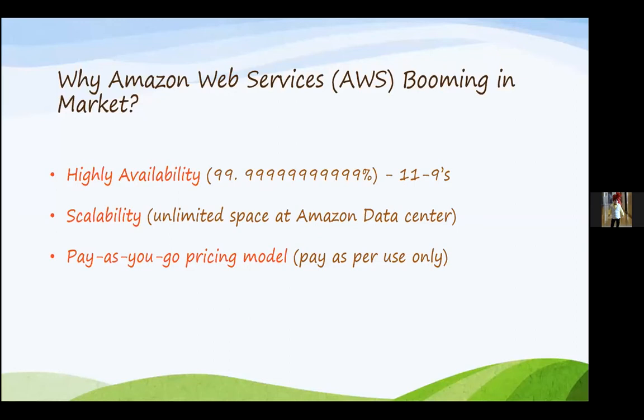So if your infrastructure is on the cloud, you can scale up and scale down your infrastructure. Suppose you earlier took 1 terabyte of storage from Amazon, and your customers are increasing. Instead of 1 terabyte, you require 5 terabytes. You just go to the Amazon console, instead of 1 terabyte you say 5 terabytes, and Amazon will provide the 5 terabytes.